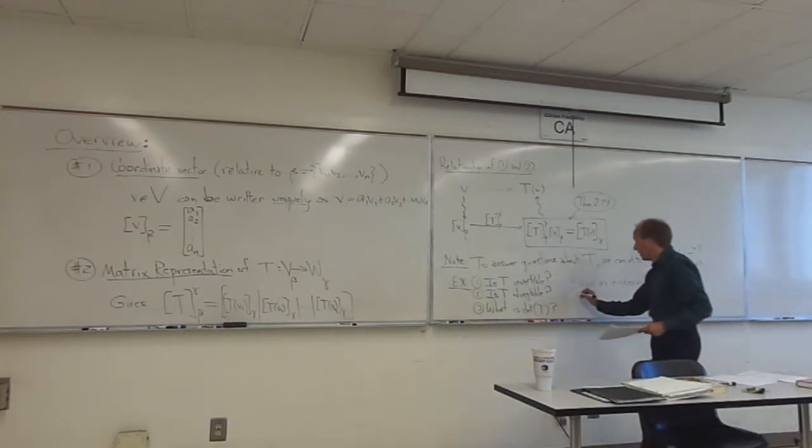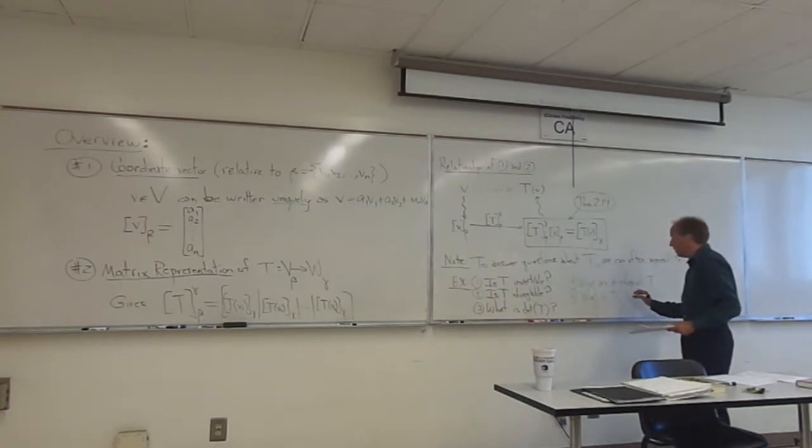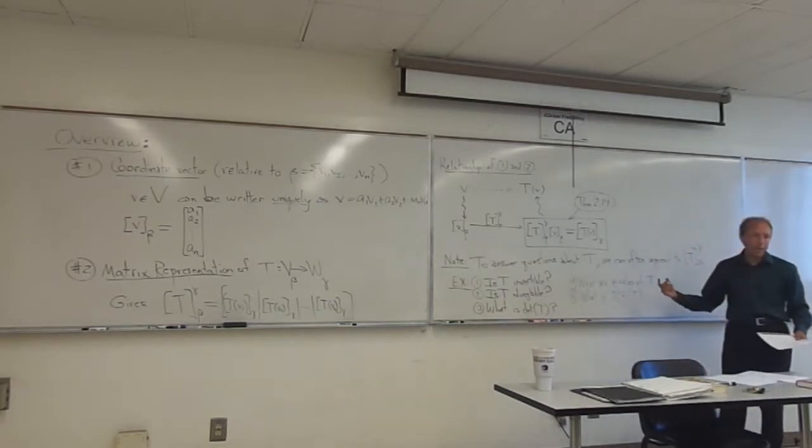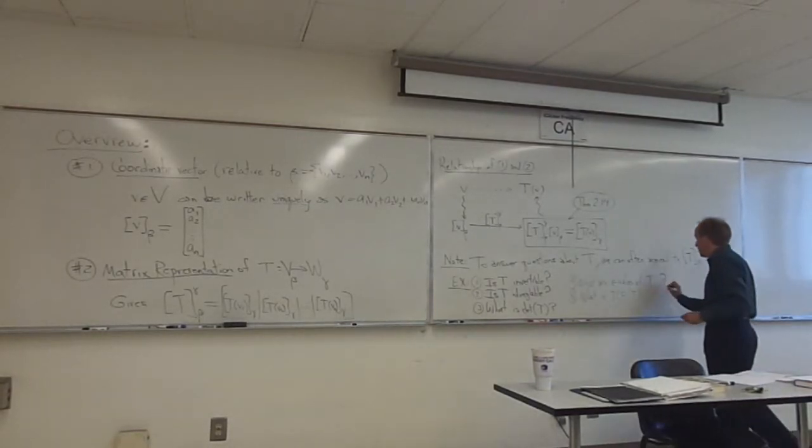Another one would be, what is the Jordan canonical form of T? That really means of any matrix representation of T. So these are the sorts of questions.